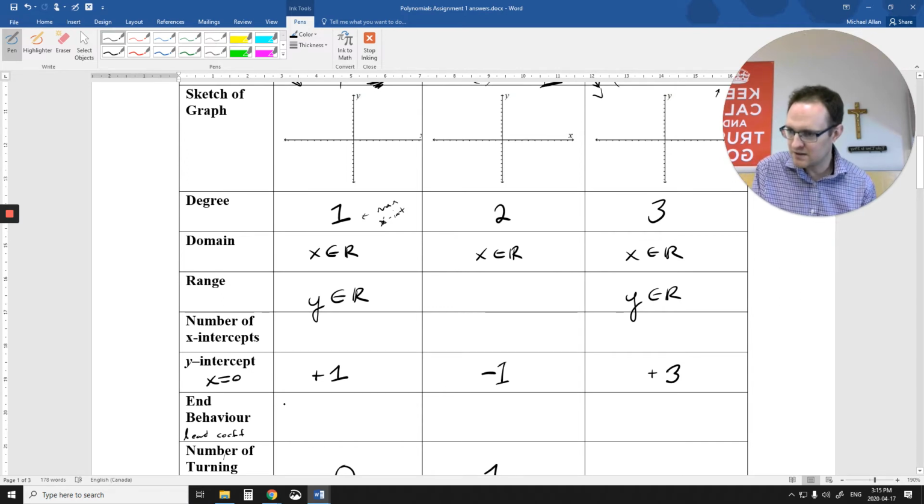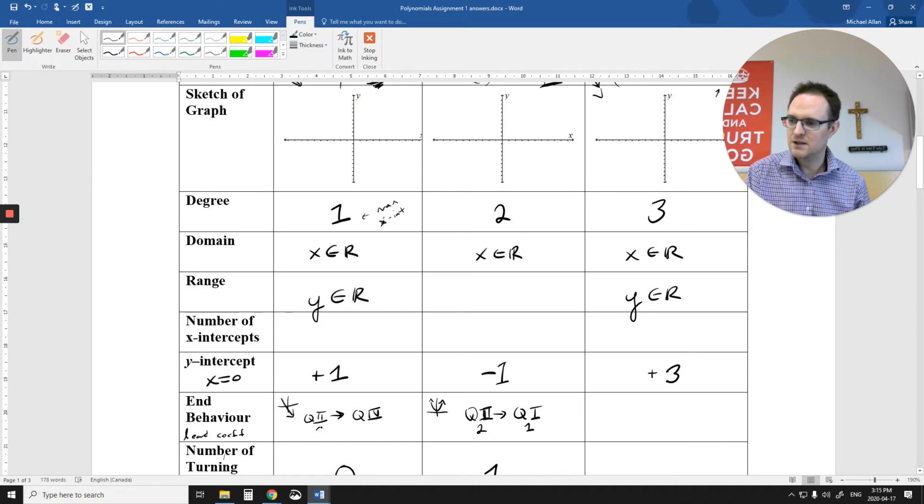So since I know that this is going downwards, it's got to start off in quadrant 2, and it's going to end up in quadrant 4. Okay? Because this one's opening upwards because of that positive leading coefficient, reading from left to right, it's going to start off in quadrant 2 and end up in quadrant 1.